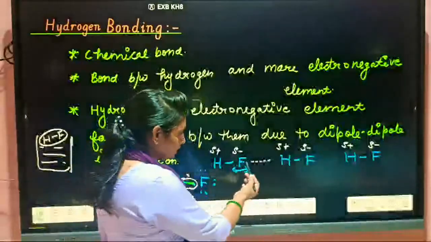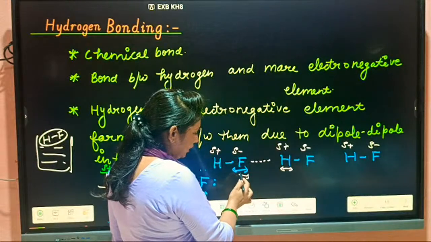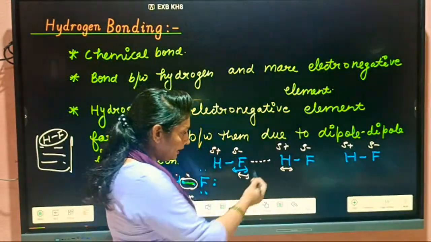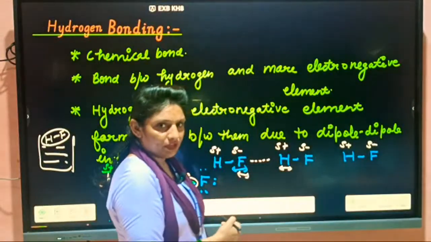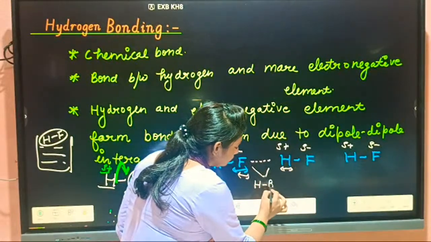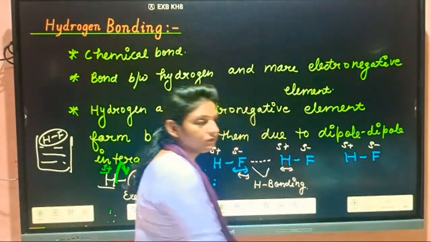So here, this bond is between hydrogen and a more electronegative element. An interaction is formed between them, and this is known as hydrogen bonding.